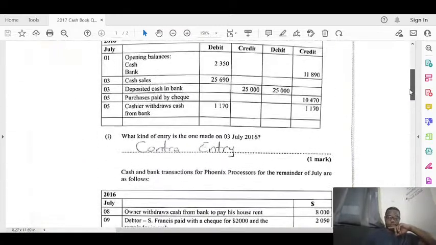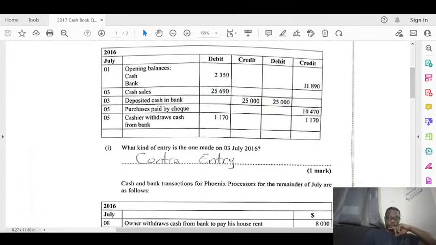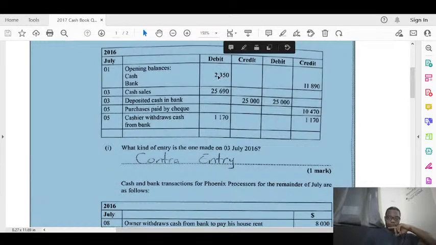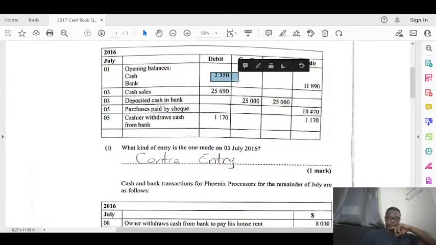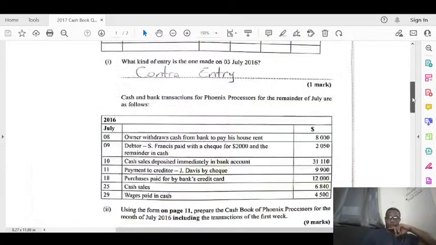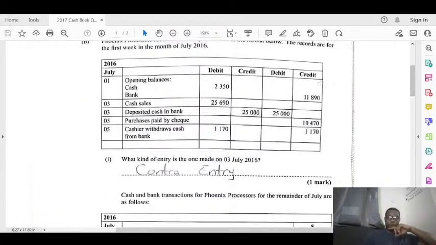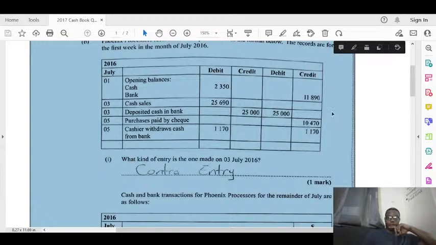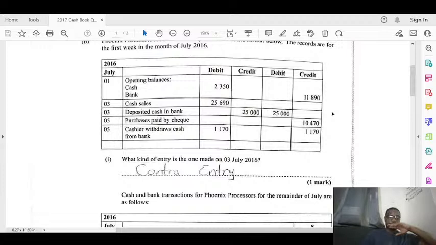So here it is, 2,350 right there. That's the opening balance for the cash. And the opening balance for the bank is on the credit side, 11,890. Now, if you remember anything about your cash book, anytime the bank account has an opening credit balance, it means that it's a bank overdraft.